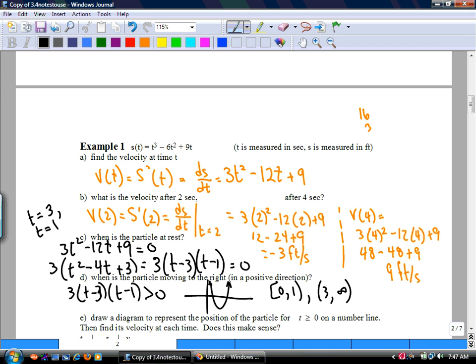Does that make sense? That little mini parabola, and when are you above? Anybody not comfortable with doing it that way? 0 is included, 1 is not included, because it stopped at t equals 1. The parabola is above the t-axis at 0, but we allow 0 as a time.